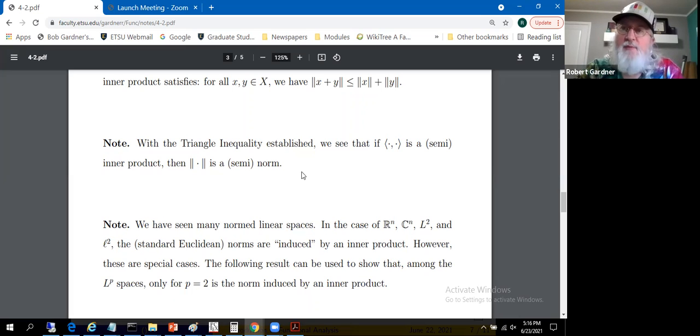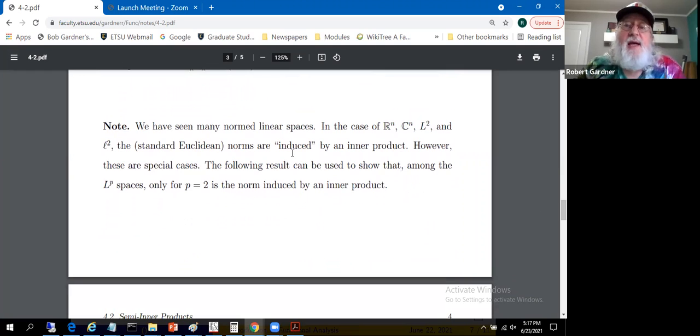Same thing happened in sophomore linear algebra when you were dealing with dot products. And you saw that dot products were related to norms of vectors. You might have encountered norms of vectors before you encountered dot products. But anyhow, when you've encountered them both, you see how norms are related to dot products. So that's exactly what's going on here.